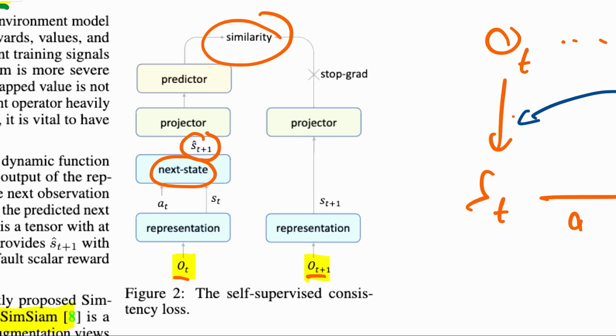So this function that gives us the next state and the representation function are now going to be trained in order to make the next hidden state and the estimation of the next hidden state similar to each other. In fact, the left branch right here is the one that's trained, but that includes the representation function and the next state function.